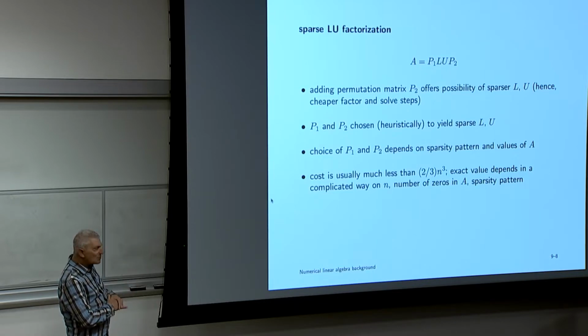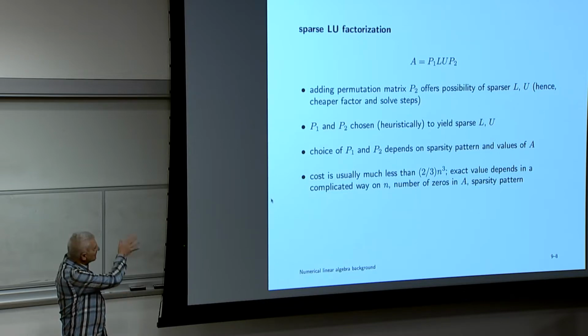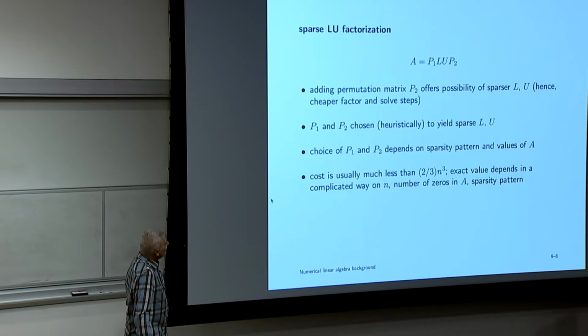Making sense? So P1 and P2 are chosen heuristically, and people have been doing this since the 60s. It's actually very cool. You can ask questions like, find me the P1 and P2 that minimize the number of non-zeros in L and U. That's a perfectly nice problem to come up with, and it is NP-hard.